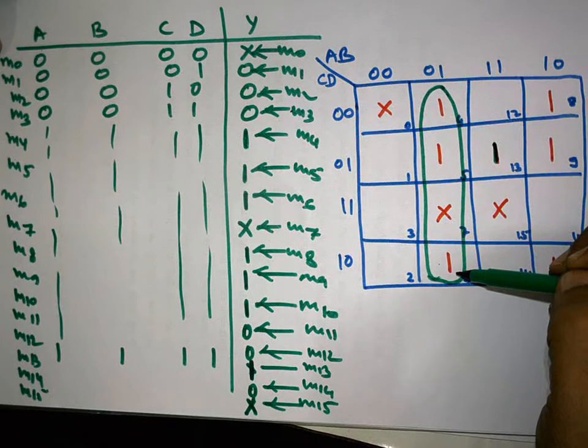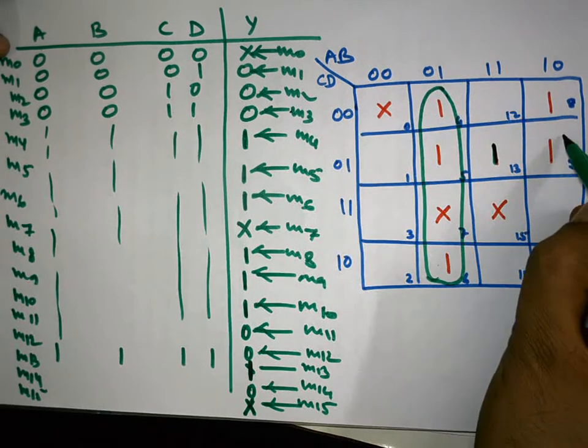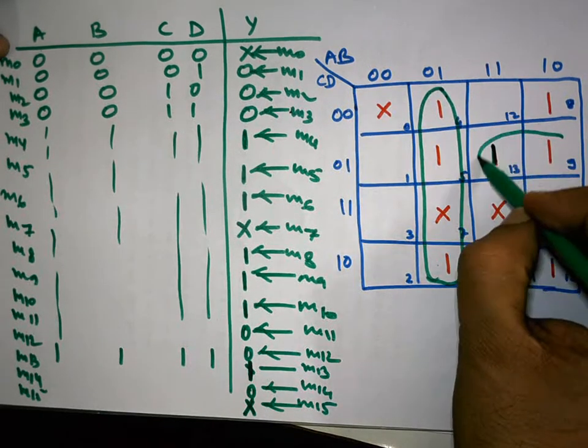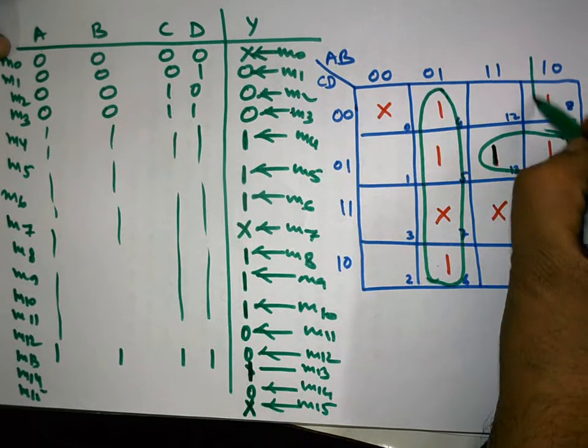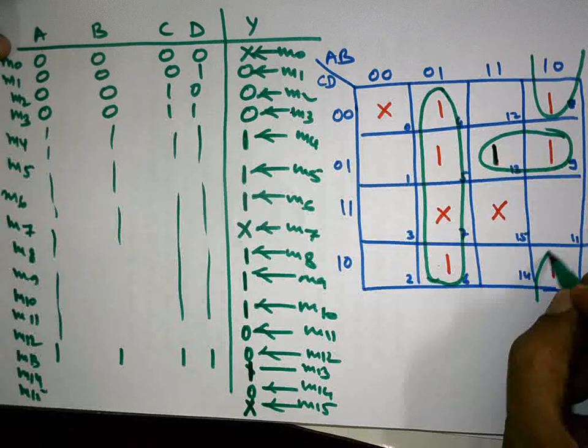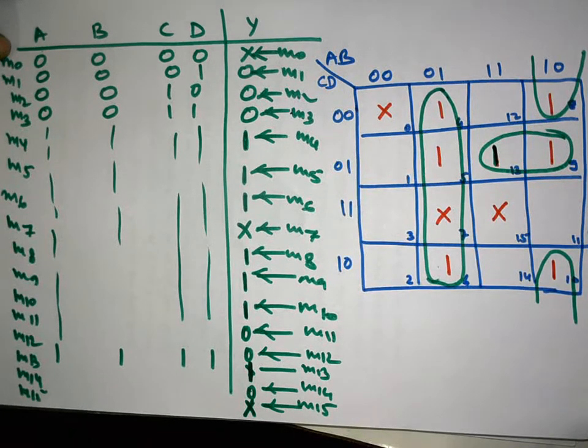Then what about other? What about other? This may form a prime implicant. This may form a prime implicant. Okay. Now, is there any other possibility? Is there any other possibility?